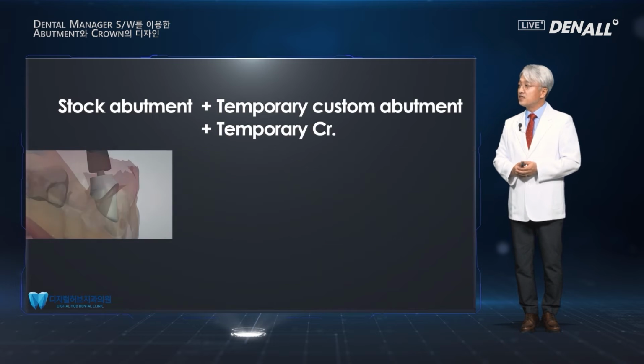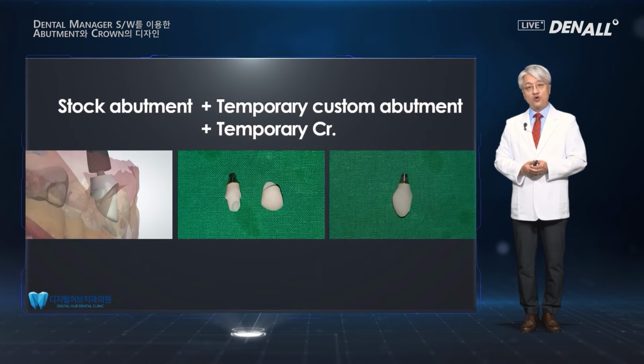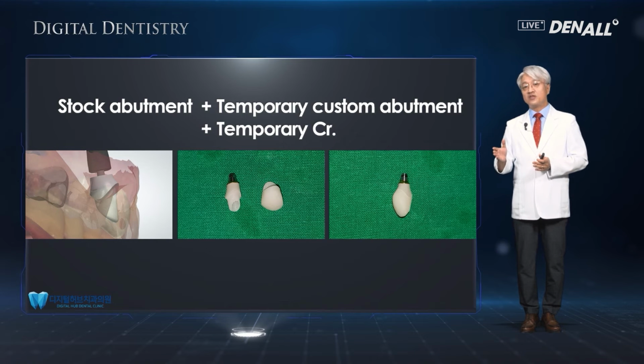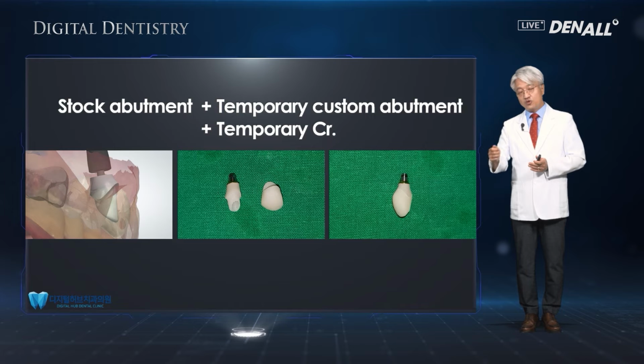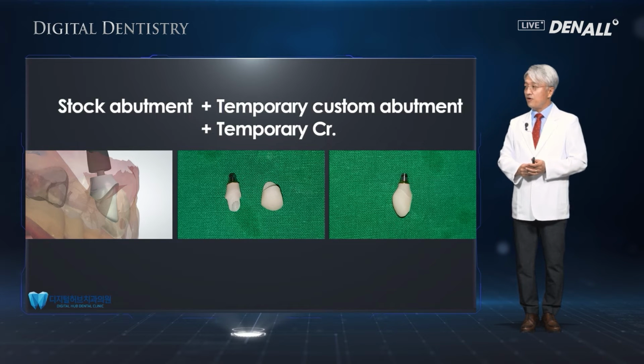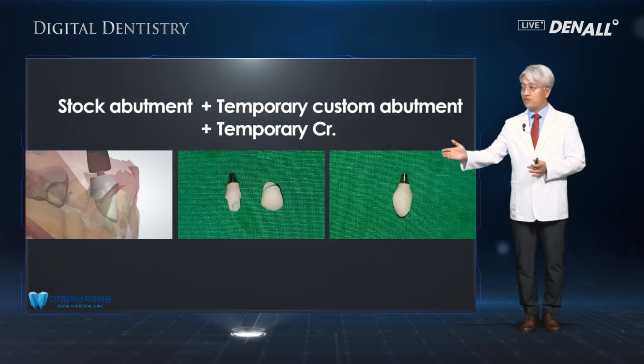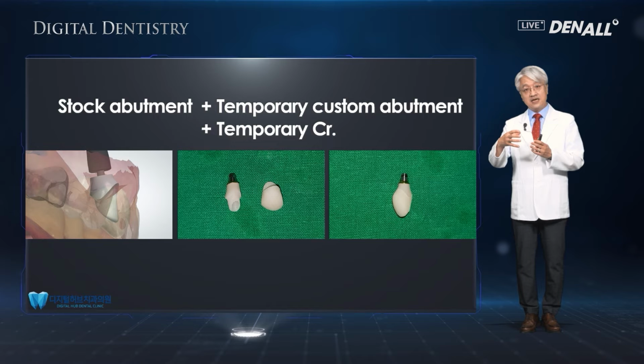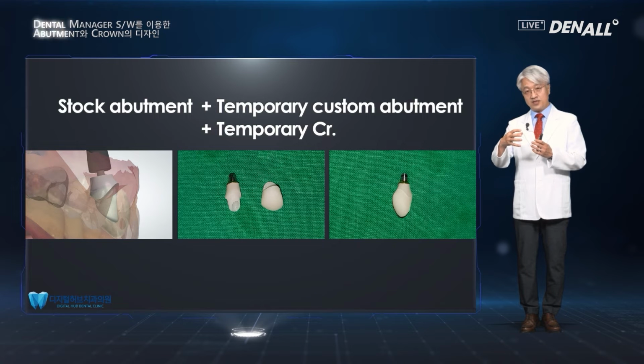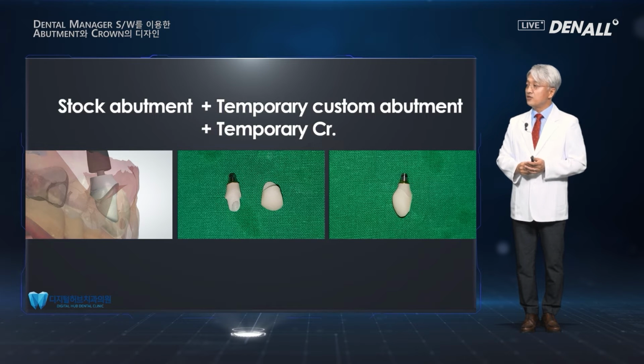The second, I use this a lot for the maxillary anterior region. A stock abutment link and custom abutment is fabricated. Titanium is hard to control as a material. 3D printing material, resin, is used to make it, and the temporary crown is also printed by a 3D printer.